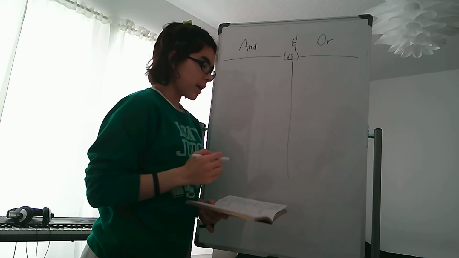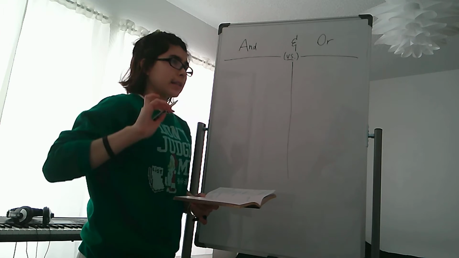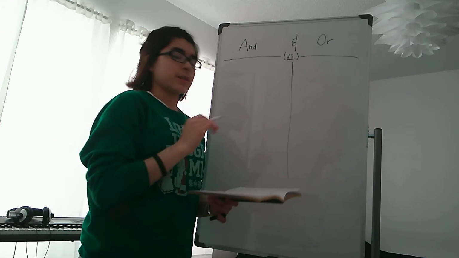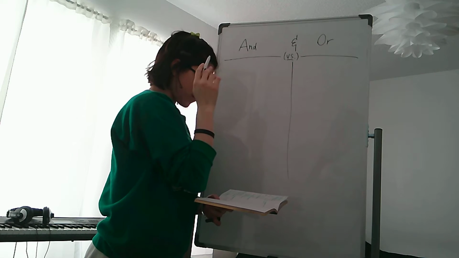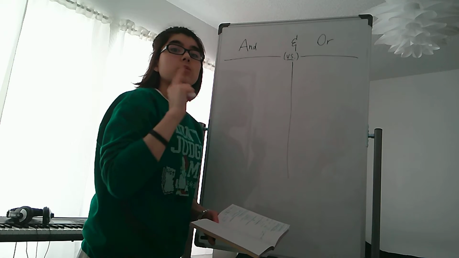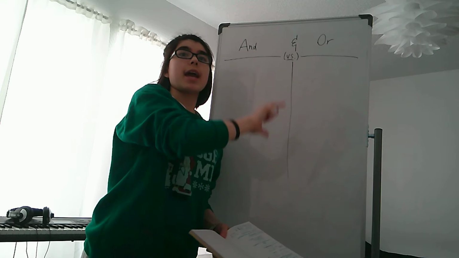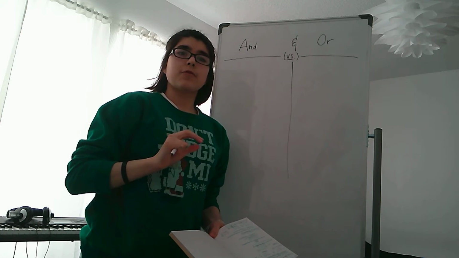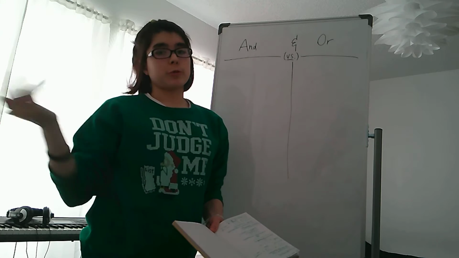But with an or inequality, you're just looking for at least one of those inequalities to be satisfied. So for an or inequality, you're going to find all values of the variable that make at least one inequality true. So really it's like if I have A or B, find the values that make either A or B true.